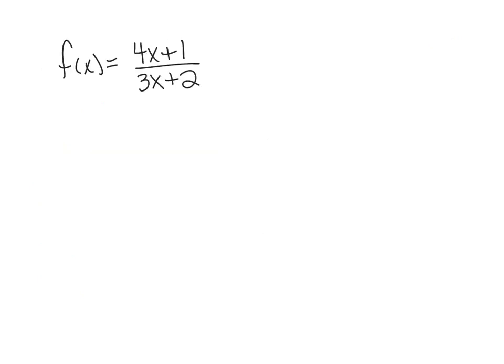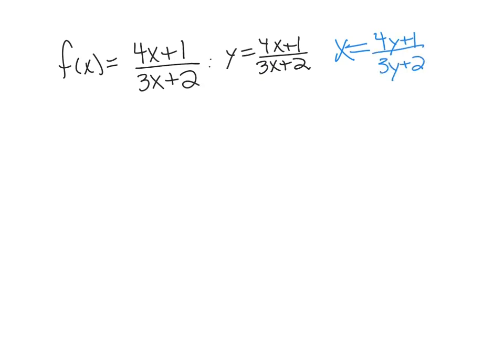One more of these. Find the inverse function. F of x is just y, right? I'm going to now switch the x with the y's. x equals (4y plus 1) over (3y plus 2).